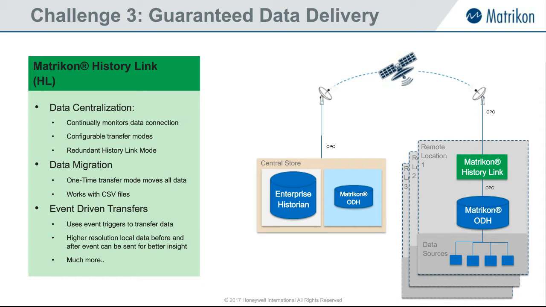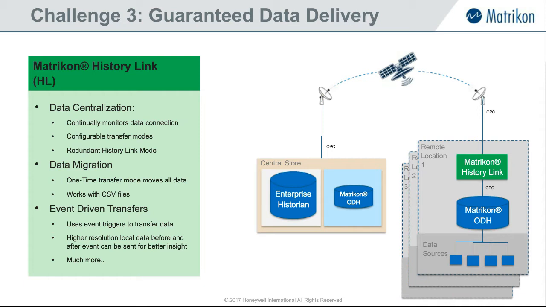For example, you can cause a trigger to transfer certain values from your local historian to central, such as an indicator that a batch has changed, so you take all the information that just finished running and transfer that as a block, and then continue with the rest.